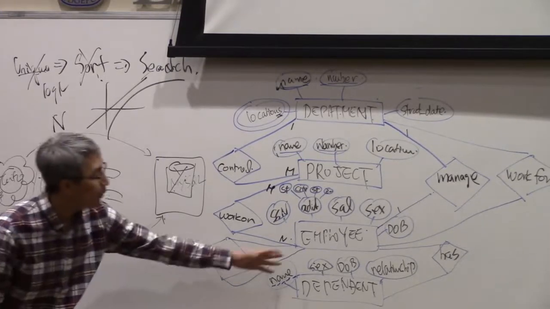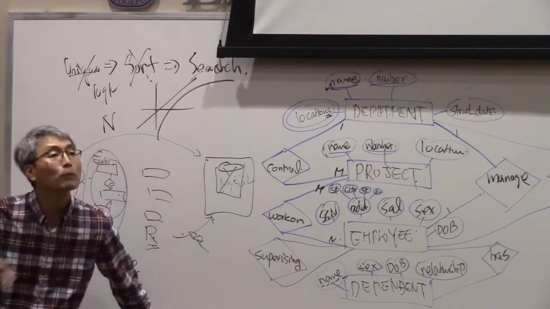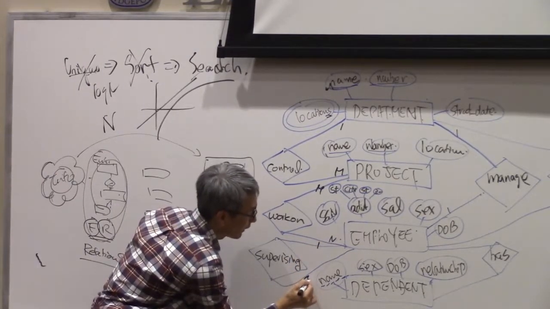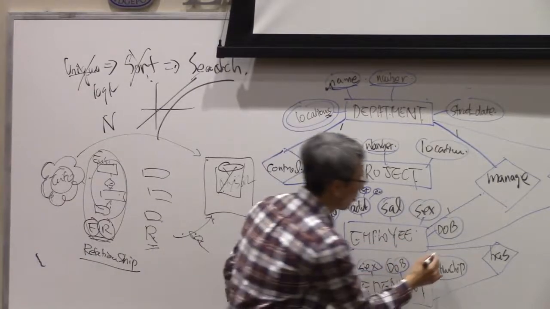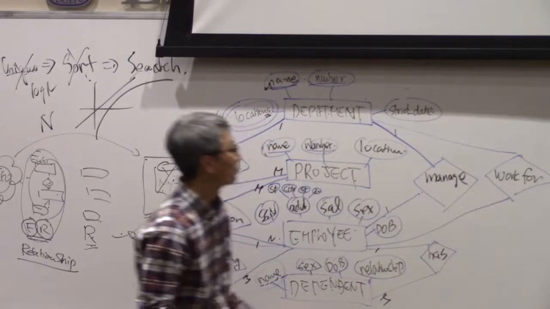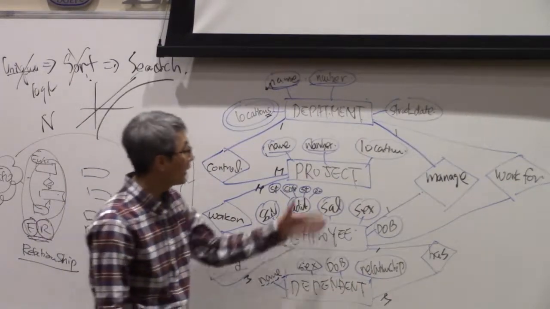What about the supervising? How many supervisors do you have? One. How many supervisees? Many. So 1 to many. And this one, 1 to many. And what about works for?